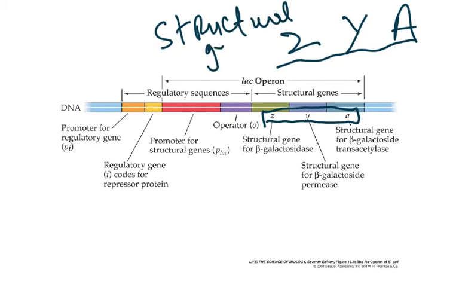Just another diagram to explain the same thing which I did earlier. And then you see this is the promoter for the structural gene. This area, the pink one. And this purple is the operator.